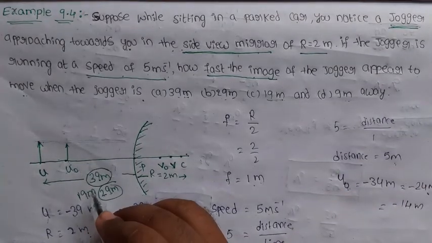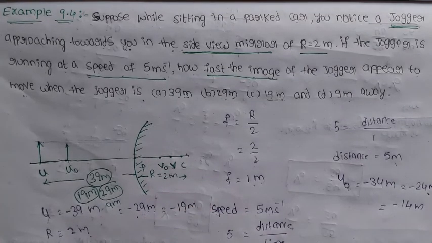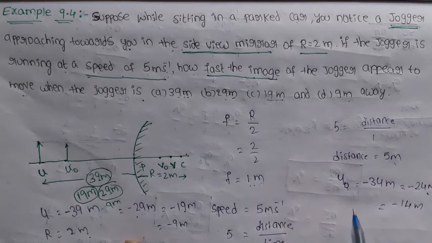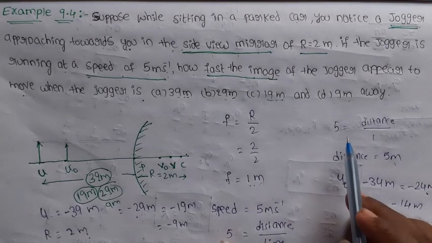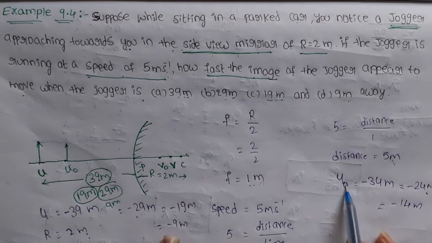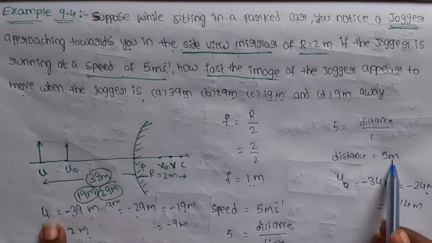So now u value is 9 meter. So object distance is minus 9 meter, r value 2 meters and focal length 1 meter and distance is 5 meter. u naught value is subtract 5 meters from the object distance u.